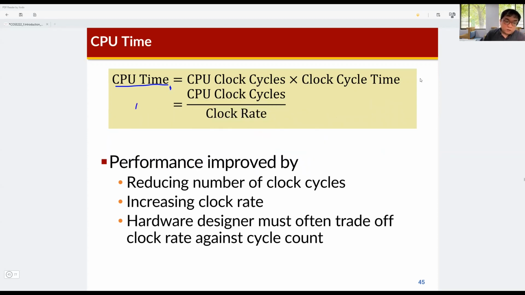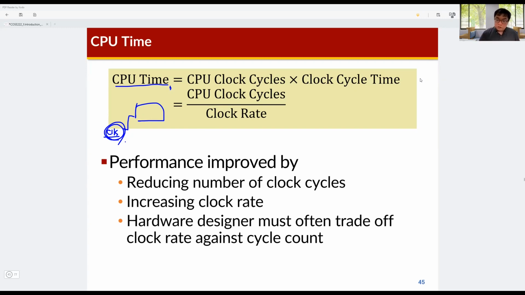So we learned that the CPU works with the clock signal. So when you measure the CPU time, we can just count the number of clocks to execute a certain software. I will repeat.